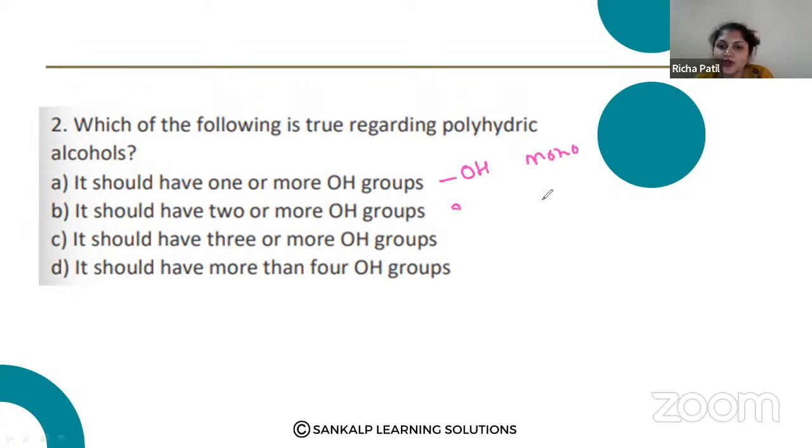When there are two OH groups, it is dihydric. Three, trihydric. And more than four are said to be poly. Poly means many. So the answer is D, more than 4 OH groups.